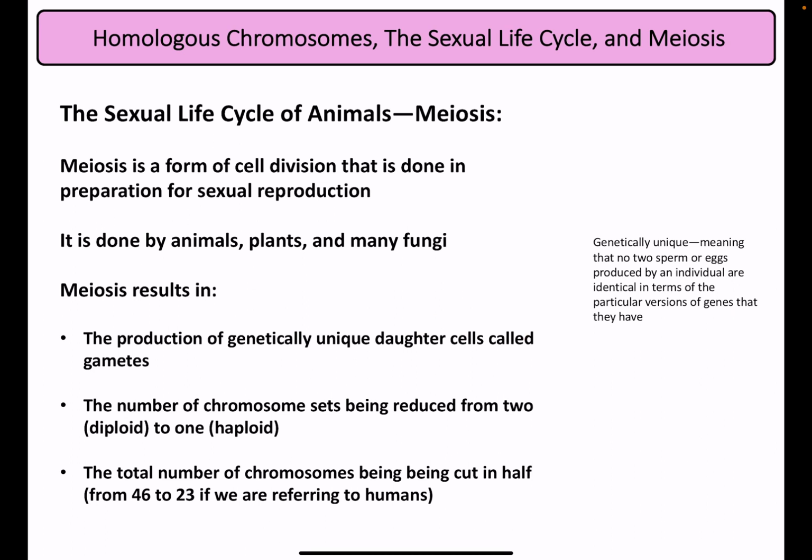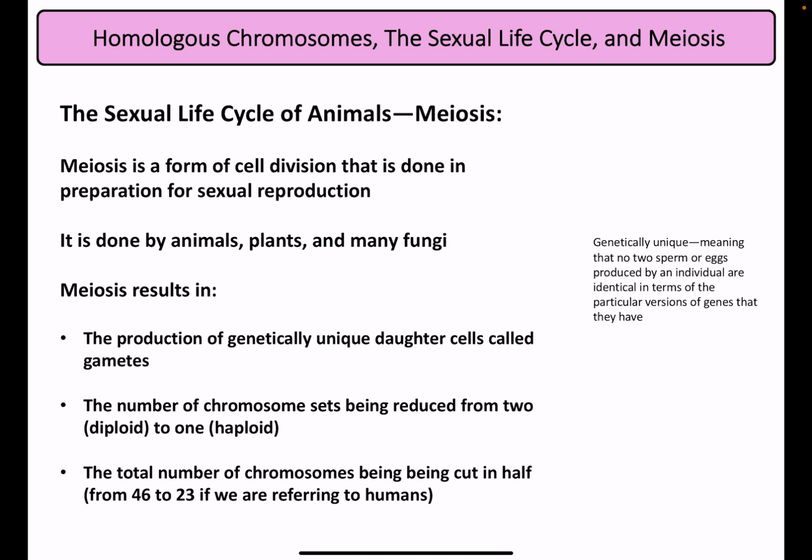Number 2, we want to cut things in half. Not physically, but in terms of numbers. So we want to take the number of chromosome sets and the total number of chromosomes and to cut both those numbers in half. Very important. It's important because, well, think of it this way.